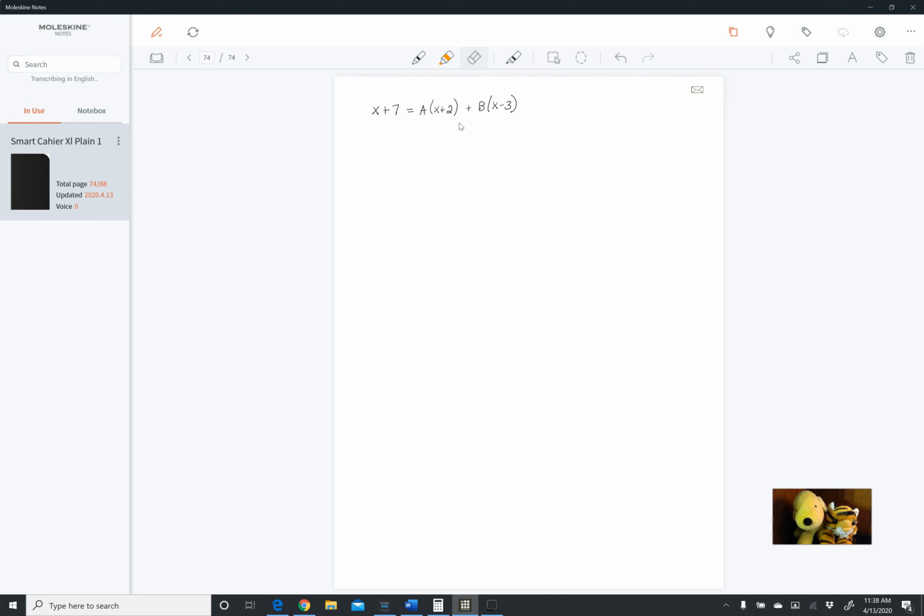So the first method is to plug in values of x that will make all but one of the constants disappear.